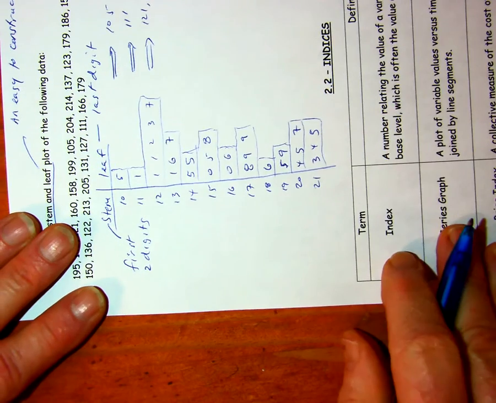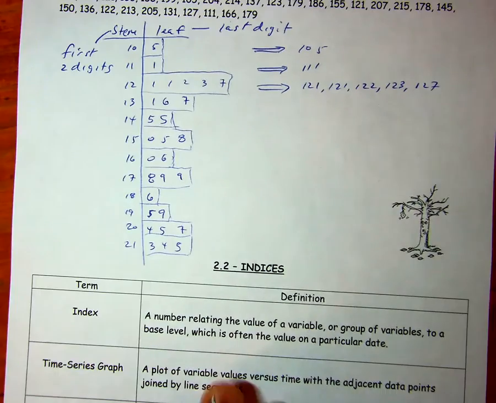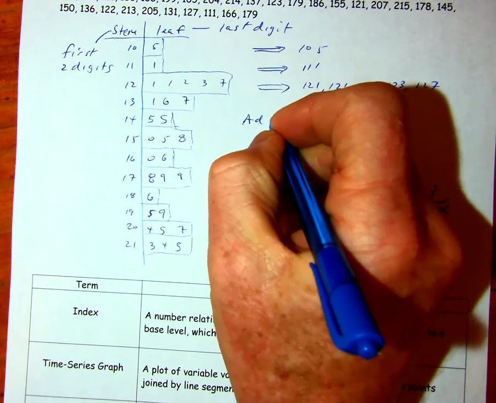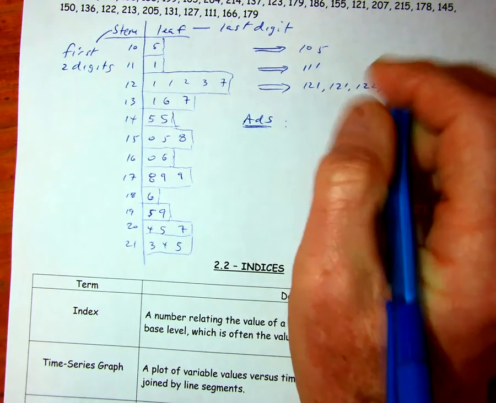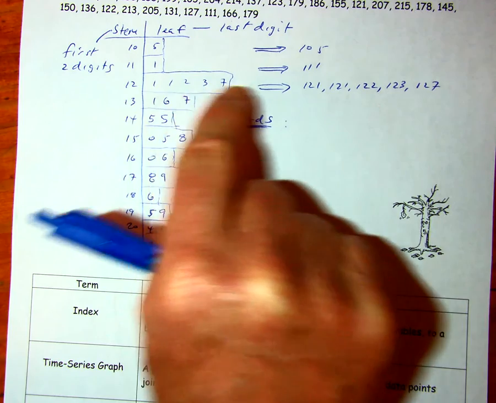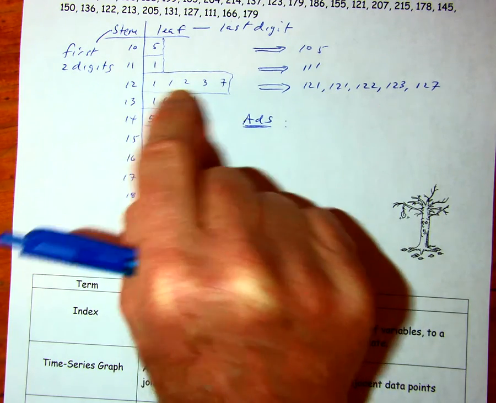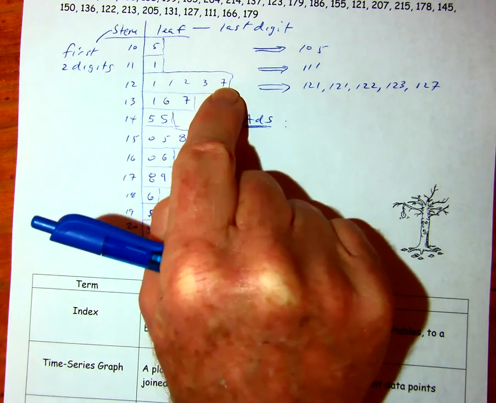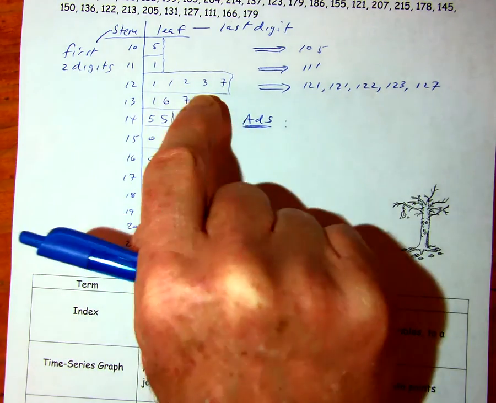Okay, so there's your histogram on its side, right? So it's easy to make a histogram. So the advantages are not only can you see the length tells you the frequency, but you can actually recover all the individual values by just looking at it, right?